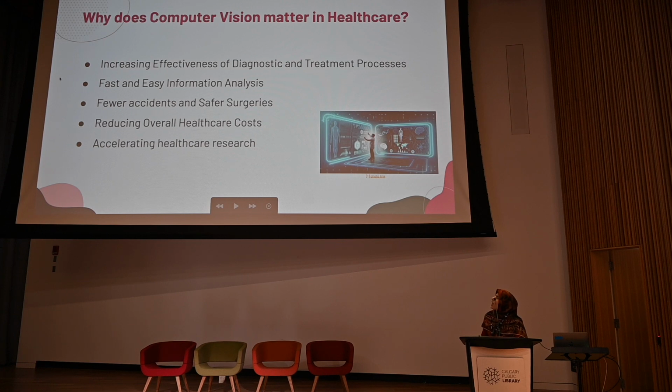All right. So let's just start with the main question: why computer vision matters in healthcare? As you may all know, healthcare is a critical sector because it literally could be a matter of life and death.